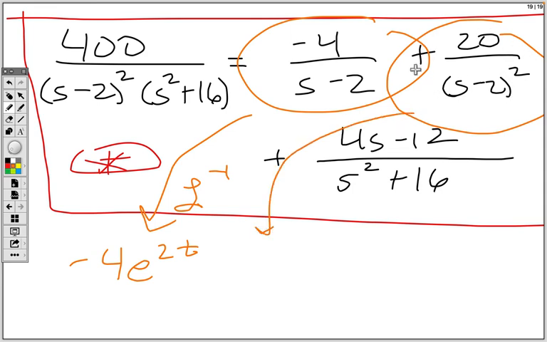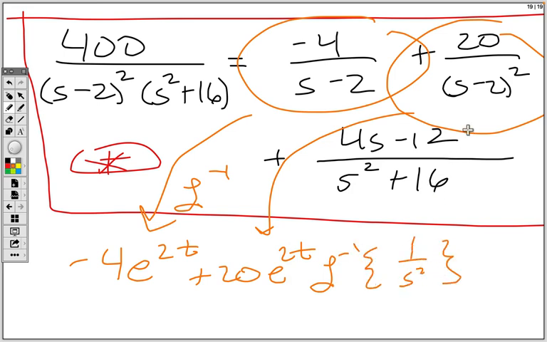This, you'd have to use that shift. You bring out an e to the 2t, and then multiply it by inverse Laplace of 1 over s squared. So minus 4e to the 2t plus 20t e to the 2t.